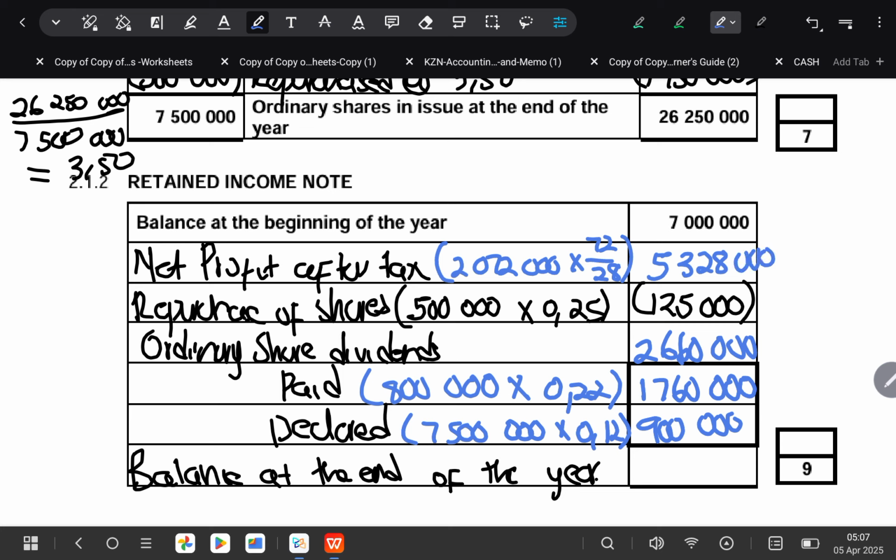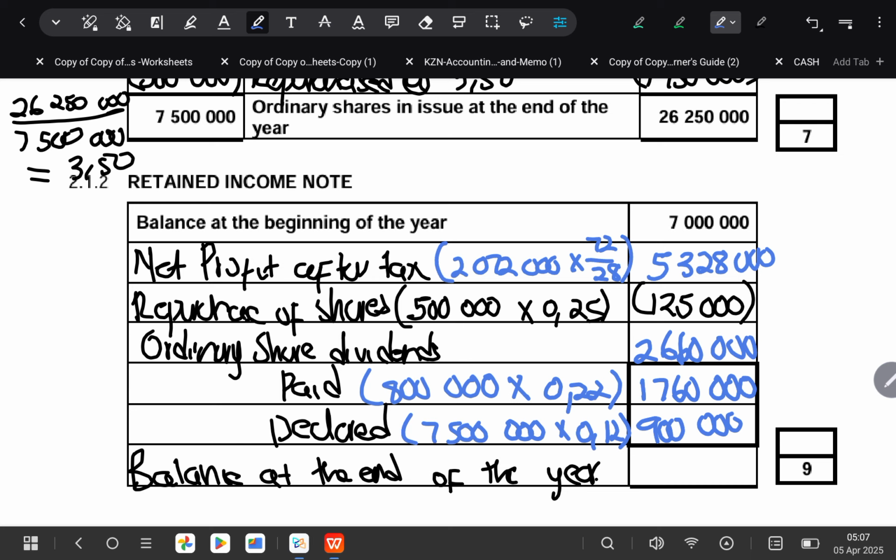Okay, let me confirm, because I don't trust these calculators from the phones. So let's see, 2,072,000 multiplied by 72 divided by 28. Yeah, it's giving me 5,328,000, so which means our answer is correct.